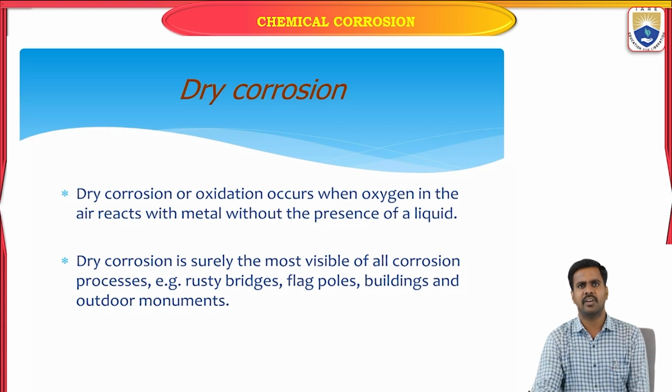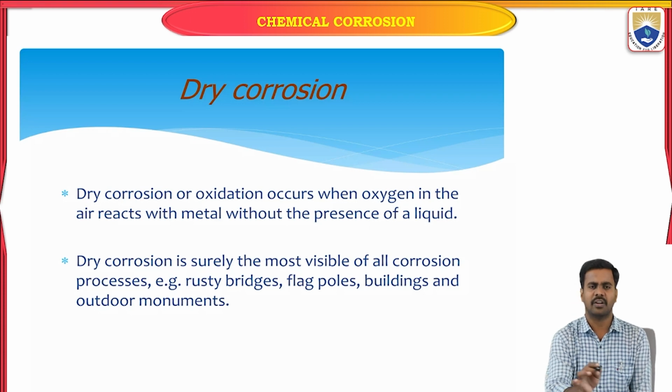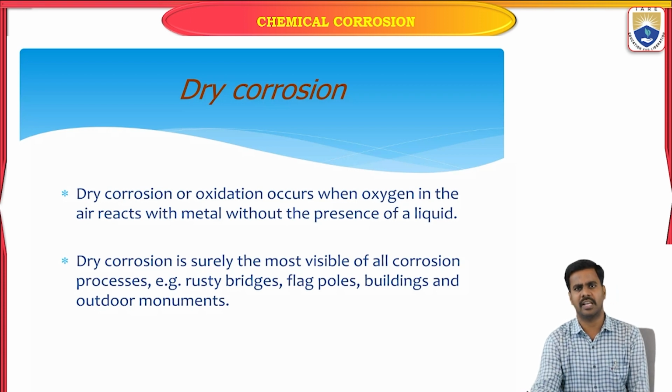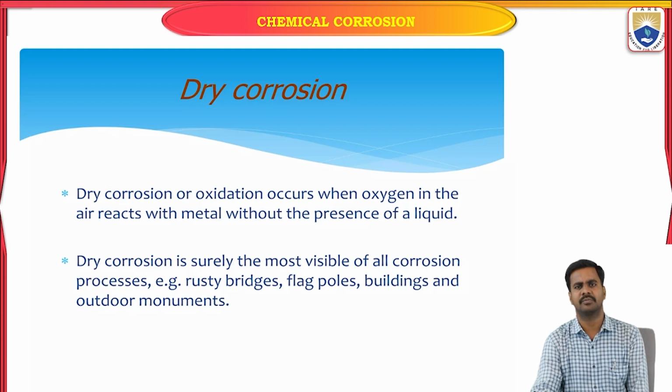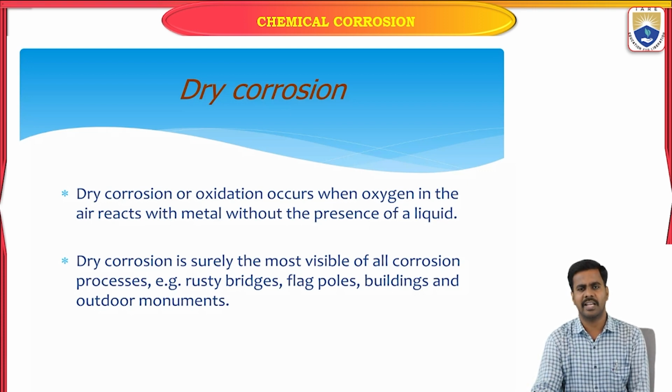Dry corrosion is nothing but an oxidation process, and any corrosion process is an oxidation process. Oxygen in the air reacts with the metal without the presence of liquid. That means destruction of the material takes place in the absence of moisture, that is, under dry conditions.